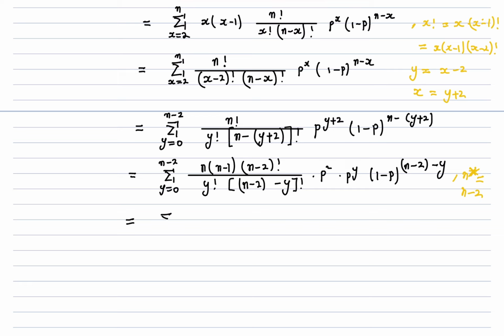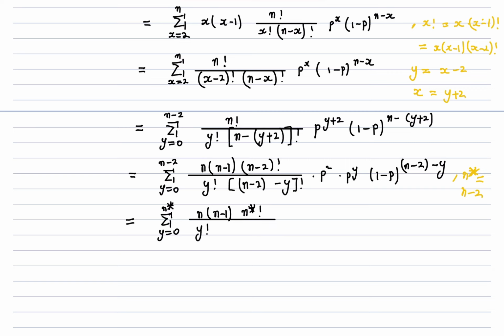The first place we see n minus 2 is in fact in this expression here, which is the n minus 2, so n star. I'm going to leave the n and the n minus 1 here, but then the n minus 2 factorial becomes n star factorial.